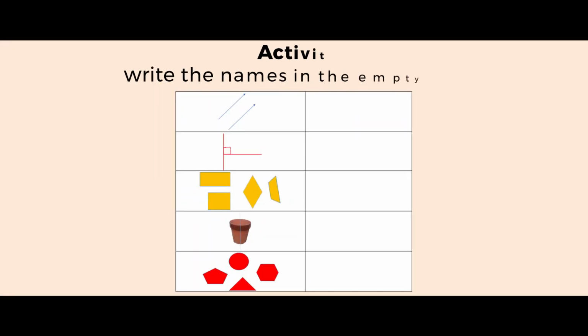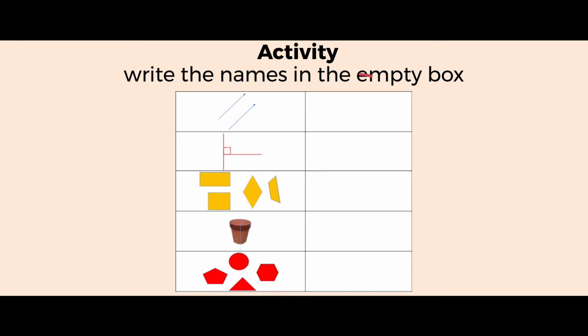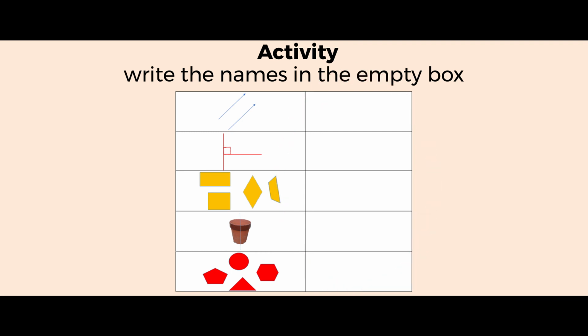Okay, children, let us do an activity here. The instruction here is to write the names in the empty boxes. Can you see the pictures or the shapes here? So what you need to do is write the names here. So what is the name of this line? Do you remember we have learned about perpendicular line, parallel line, congruent line, and line of symmetry.